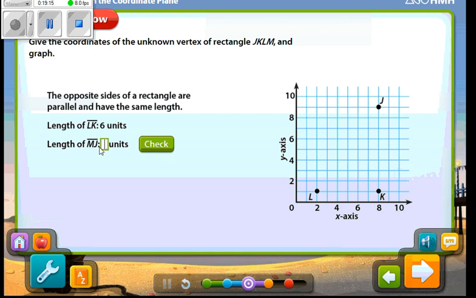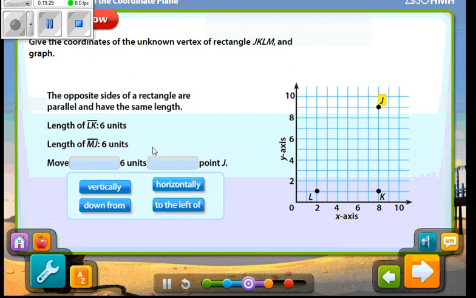So MJ. Good job. The length of side MJ is 6 units. How can you use point J and the length of side LK to find point M?